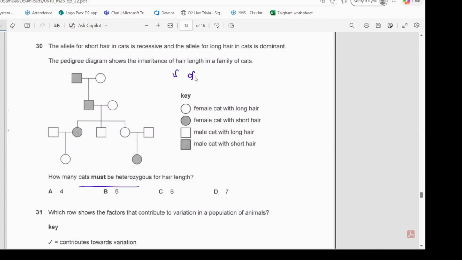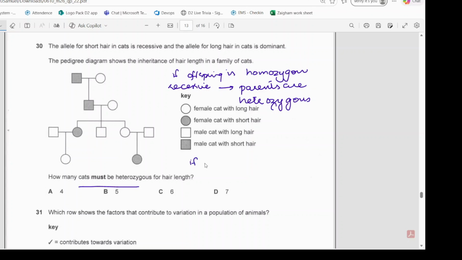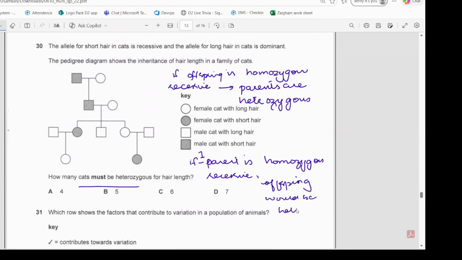Let's move the other way around. If a parent is homozygous recessive, there are also chances that the offspring might be heterozygous.